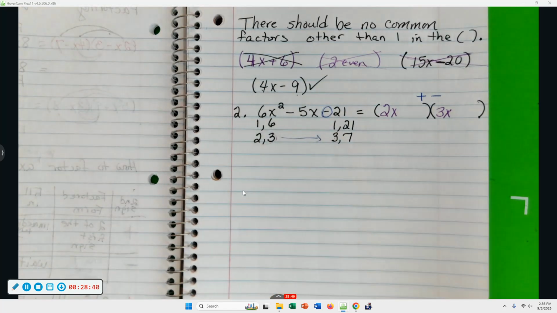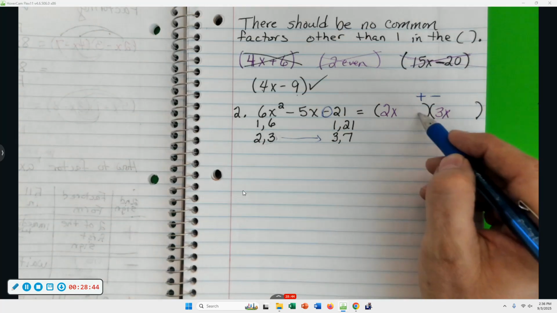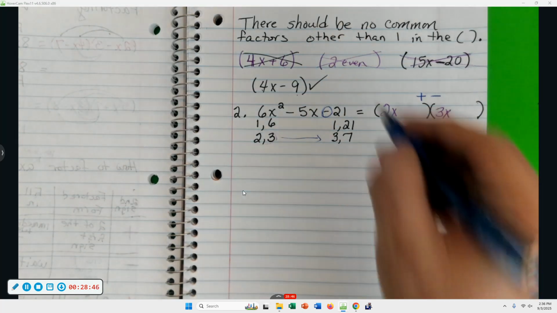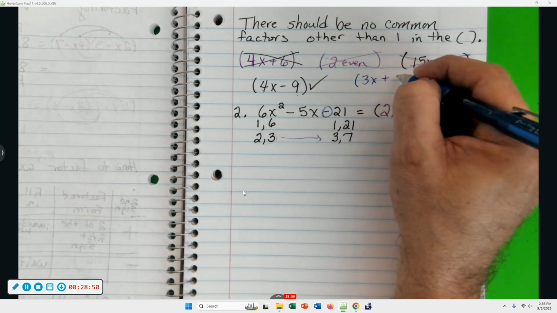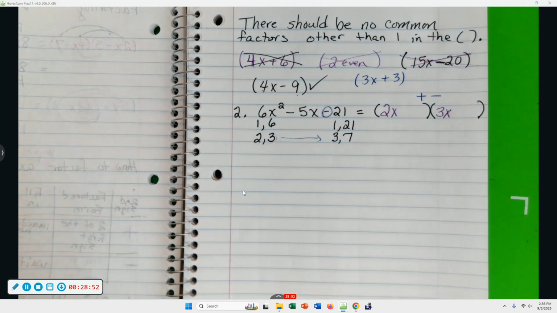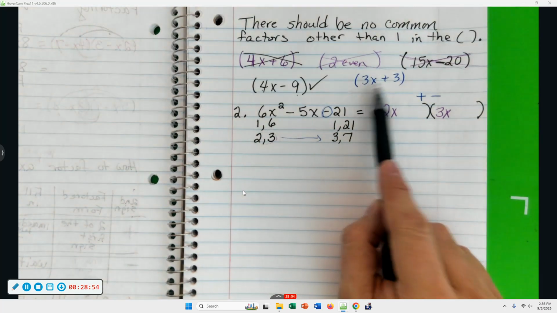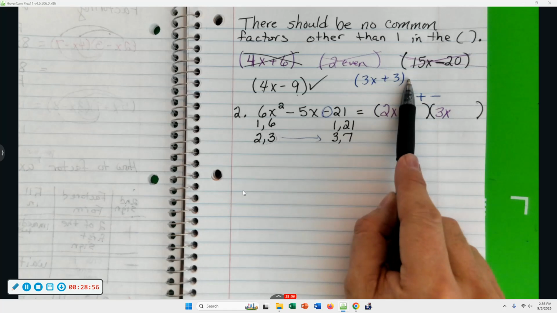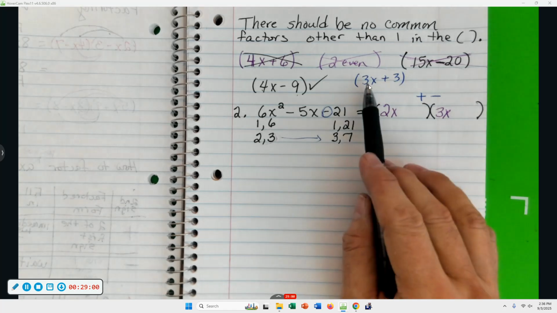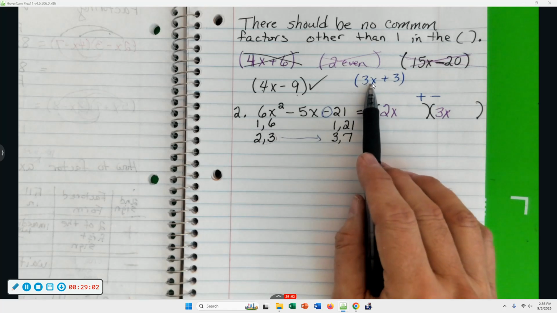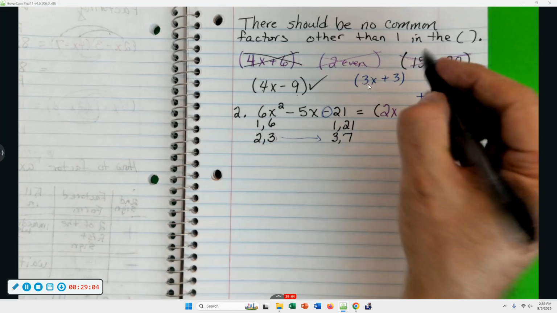If I'm going to have a 3 and 7, how can I arrange them? Could I have a 3x plus or minus 3? Can you have 2 of the same number in parentheses? Both of those numbers are divisible by 3.